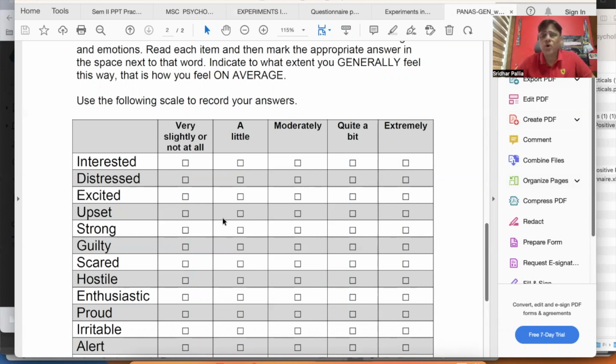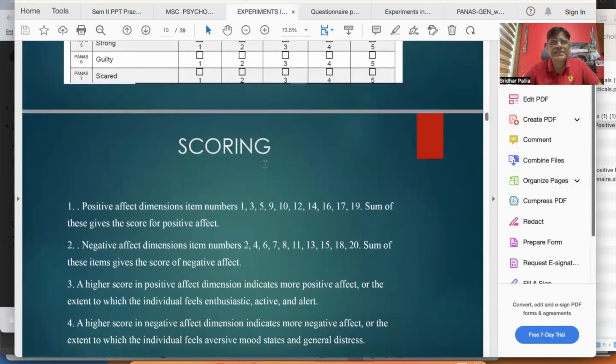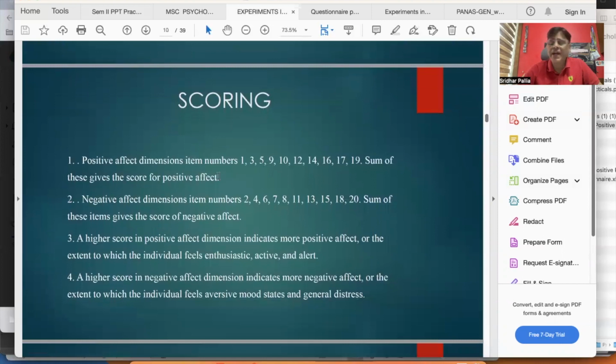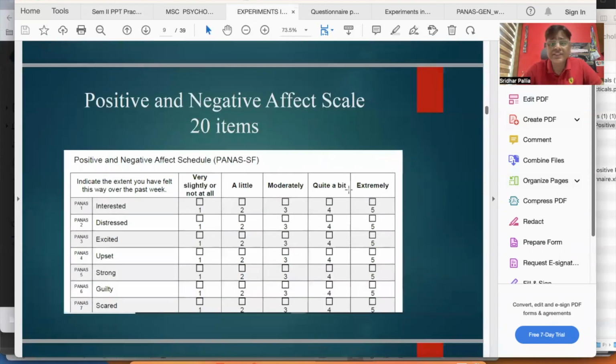Once they score all of it, what we do is use a scoring table. As we said, questions 1, 3, 5 and so on, we're going to add up as the positive scale, and the remaining ones form the negative scale. You know what the score is, right? I'll repeat it again. If it is extremely, it is 5. Quite a bit is 4. Moderately is 3.